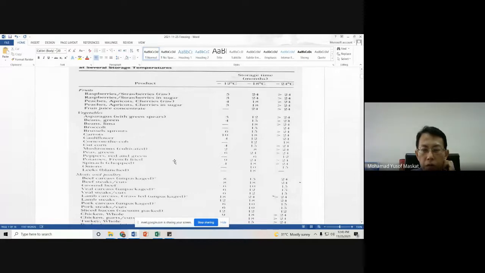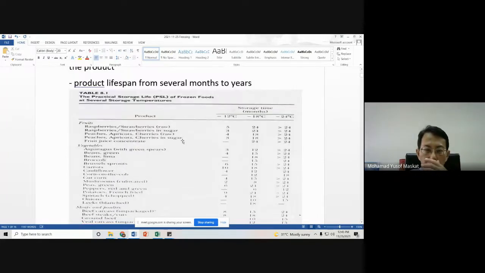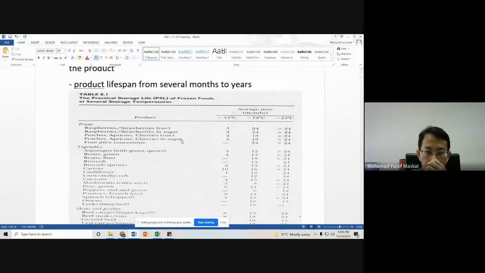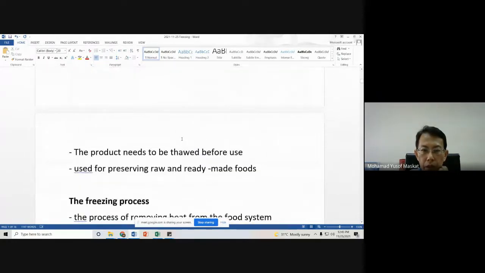Personally, I have eaten murtabak that has been frozen for 1 year, and it still tastes the same. So that is the advantage of freezing as compared to chilled. However, the product needs to be thawed before use. So it is not ready to use or ready to eat.